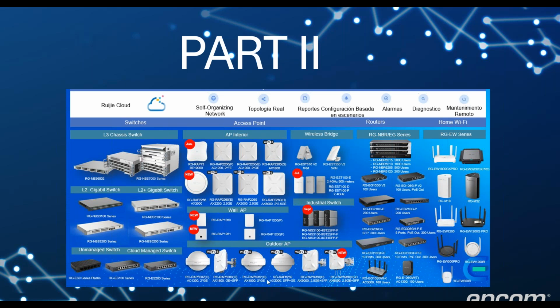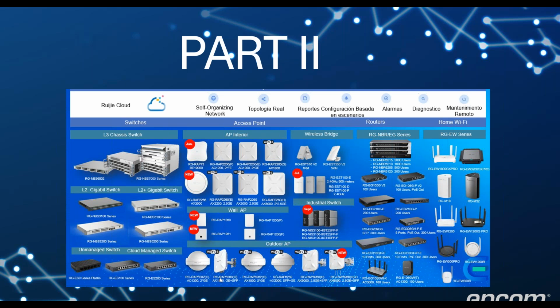We have a complete line of outdoor access points, UFO forms, and also square forms. These are Wi-Fi 6. Some of them are IP67 and IP68, so they are going to be protected against rain and all the harsh environmental conditions outdoors. Some of them are outdoor omnidirectional, and some of them are sectorial.